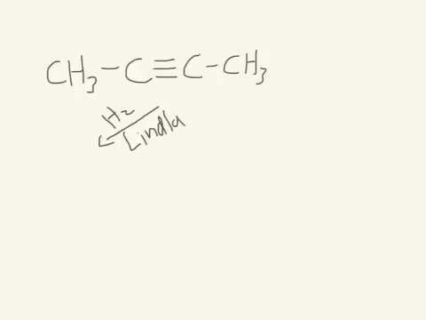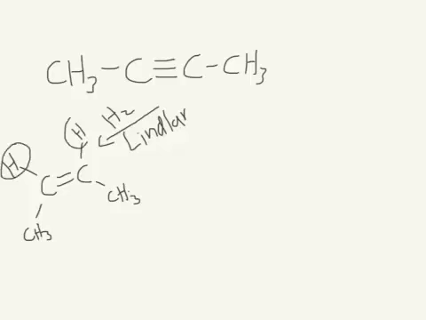Then both the hydrogens come from the surface of the catalyst, which is on one side. So both of the hydrogens are coming from the same side when they add. So what you'll end up with is a cis alkene as your product.